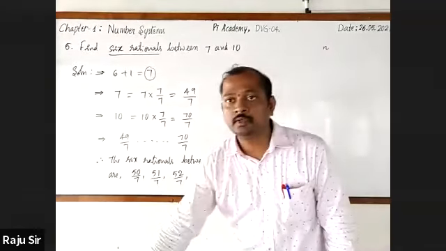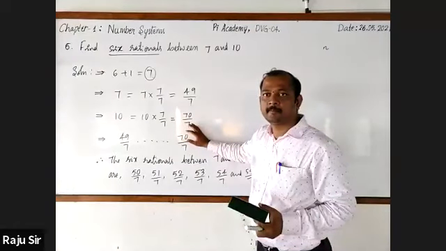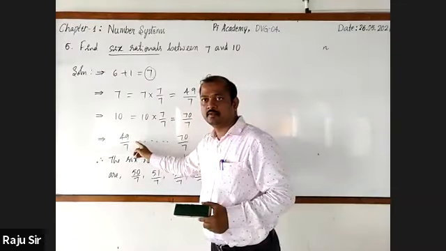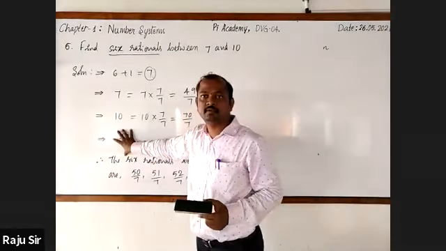Did you understand? Sir, 7 sevens are 49, 7 tens are 70, can we cancel, sir? There is no need to go for cancelling, because when you cancel, you will get 7.